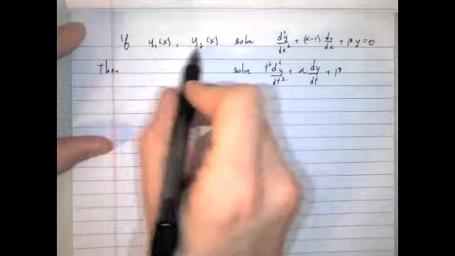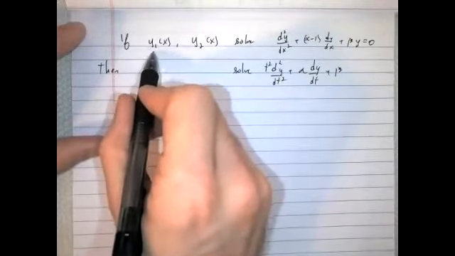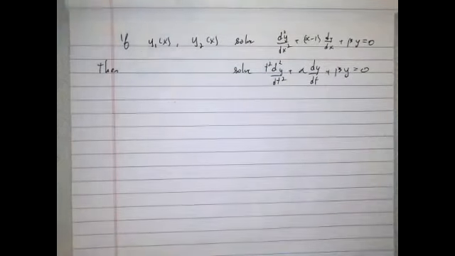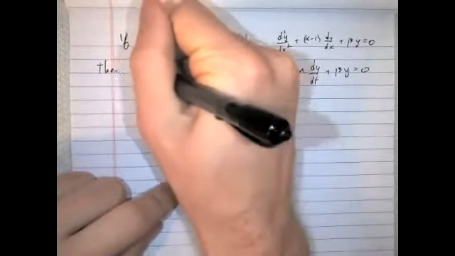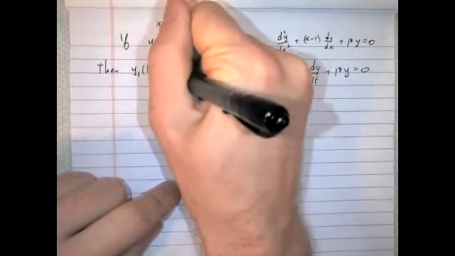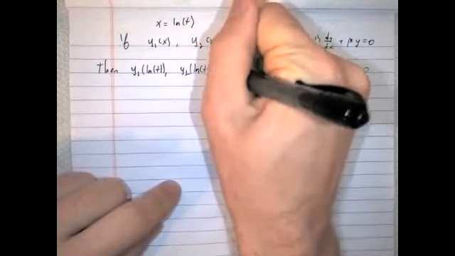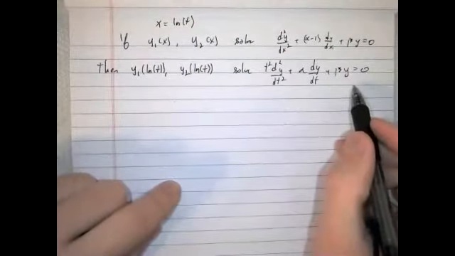Does anyone know how I should modify these solutions? You just make it a function of the natural log of t. Exactly. I just remember that x is equal to natural log of t. So y1 of natural log of t and y2 of natural log of t solve the original differential equation.